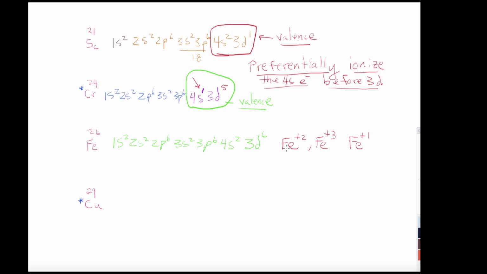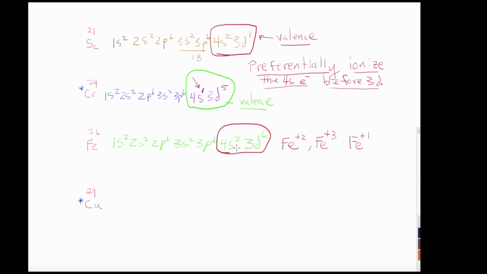And so one of the observations that you need to think about is that the elements that are in the middle of period 4 have a lot of oxidation states. And what that implies is that the valence, which is the 4s and the 3d, have the most similarity in energies in the middle of that period, which is why you see the middle elements having such a wide variety of oxidation states.